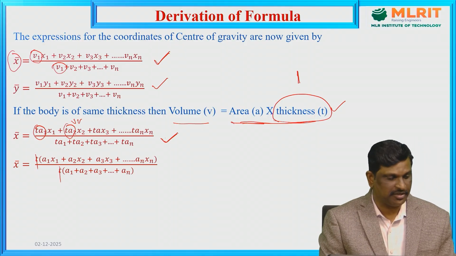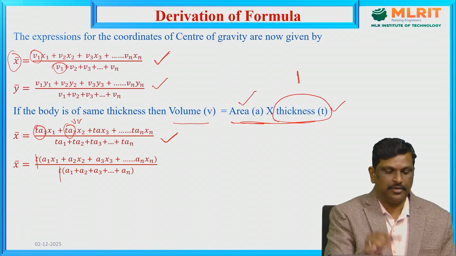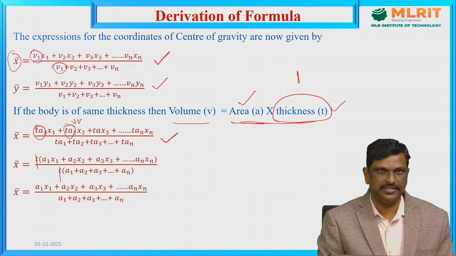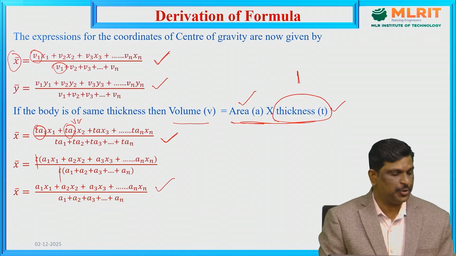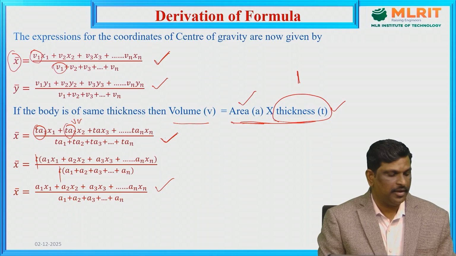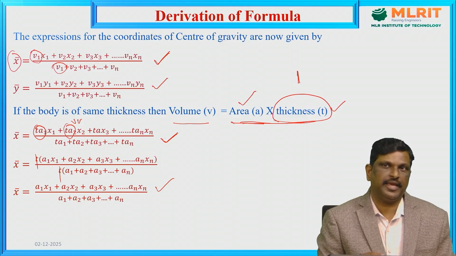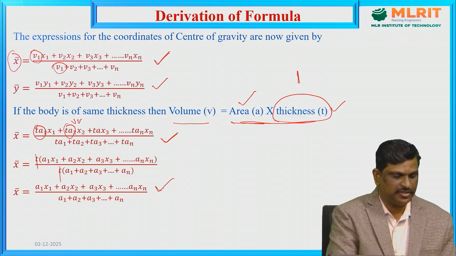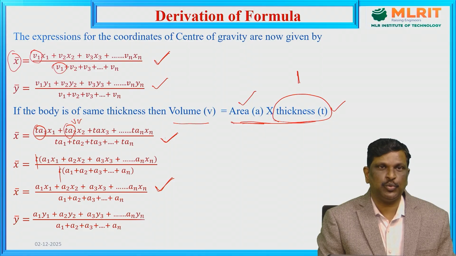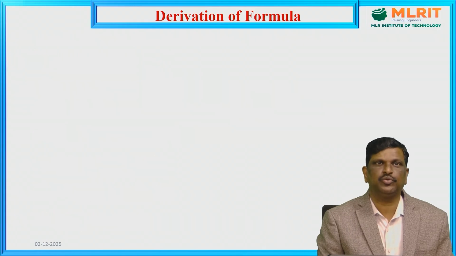The final expression for centroid, for a body having only areas, is x bar equals a1 x1 plus a2 x2 plus a3 x3 and so on, divided by a1 plus a2 plus a3 and so on up to an. This is the expression which is used to find the centroid of plane areas. And y bar is equal to a1 y1 plus a2 y2 plus a3 y3 and so on, divided by a1 plus a2 plus a3 and so on.